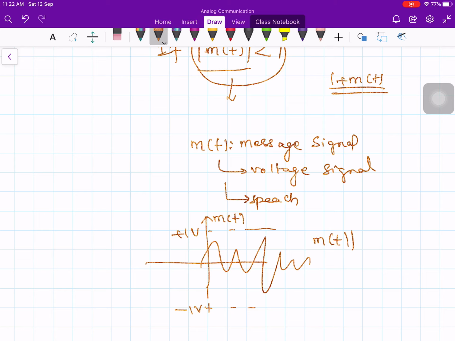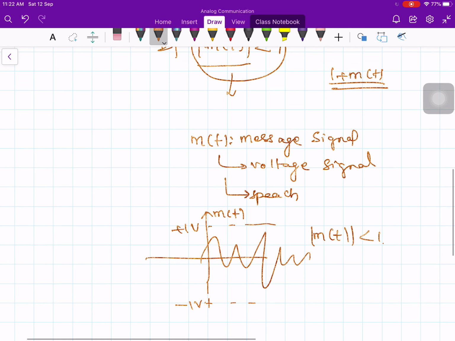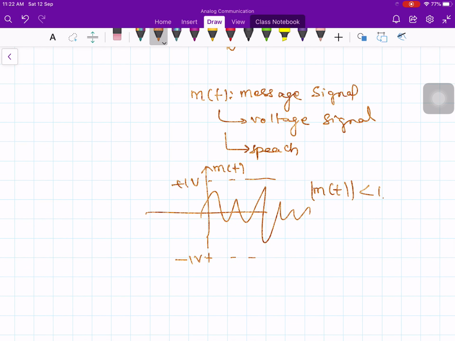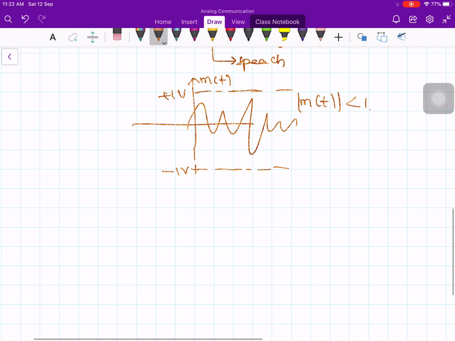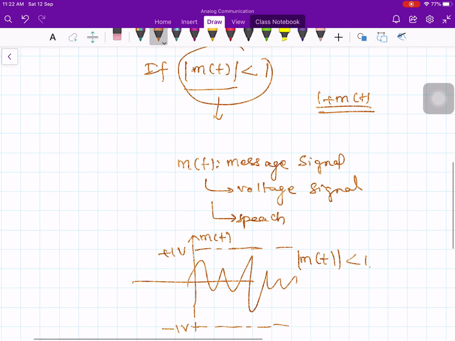That's what we mean by mod of m of t is less than 1. I do the scaling in the message waveform in such a manner that the instantaneous amplitude never exceeds plus 1 and minus 1. It always lies between minus 1 and plus 1. Every message will have some limits in which it lies. I can scale it up or down so that this condition is satisfied.